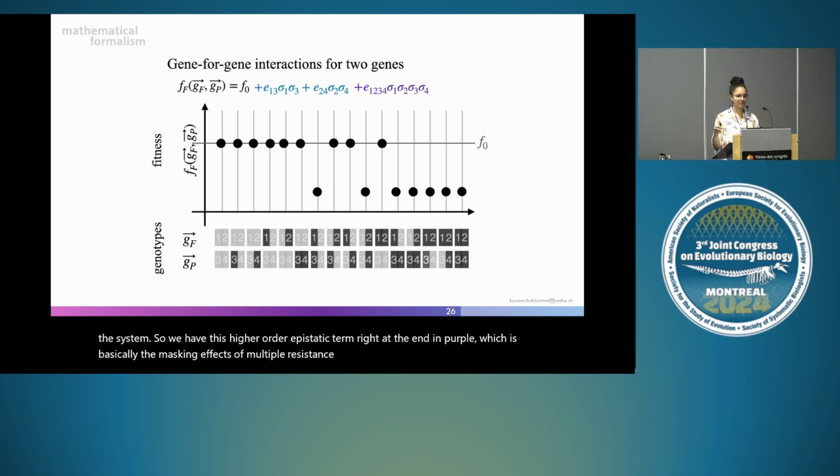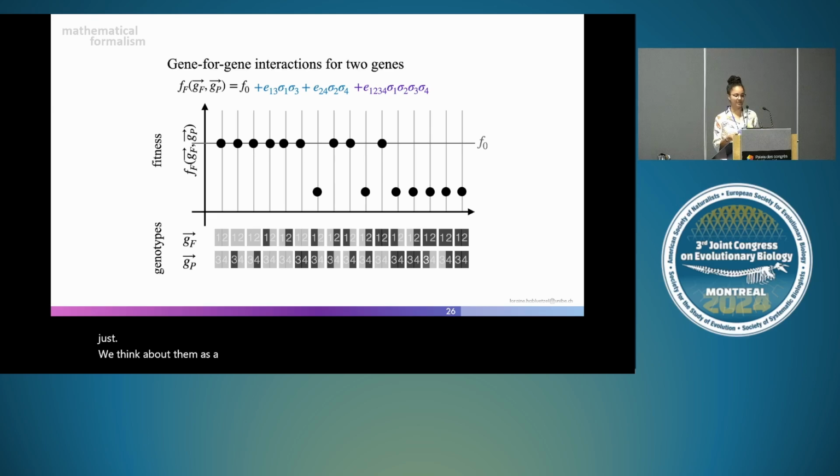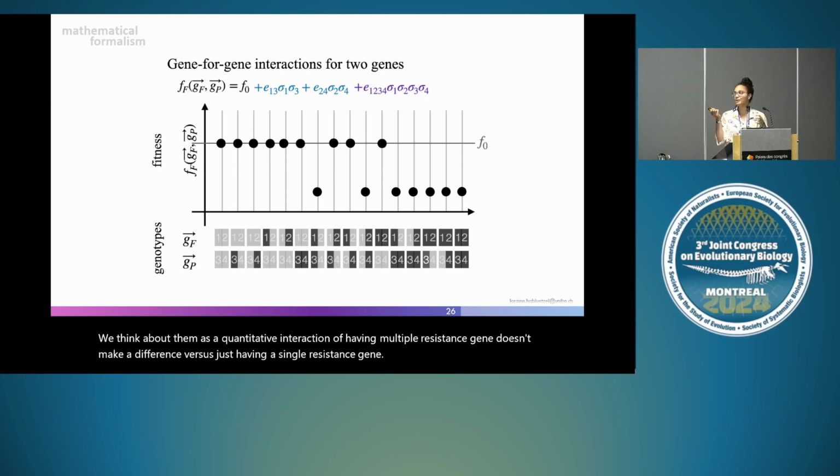Since we think about gene-for-gene interactions as a qualitative interaction, having multiple resistance genes doesn't make a difference versus just having a single resistance gene. So here we already have this mechanistic insight on what is happening due to this higher-order effect.